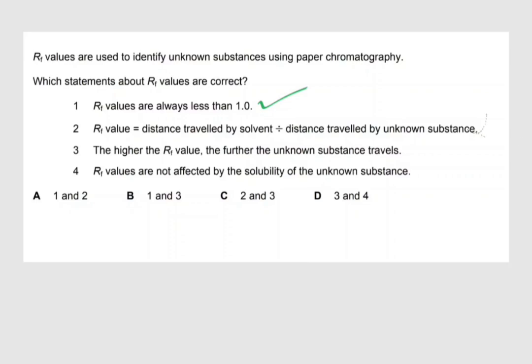It's the other way around, so that's wrong. The higher the RF value, the further the unknown substance travels. That is correct. RF values are not affected by the solubility of the unknown substances. That is wrong. It actually is affected by the solubility of the substance, because the higher the solubility, the larger the distance it travels, right? So that's wrong. So 1 and 3 is B.